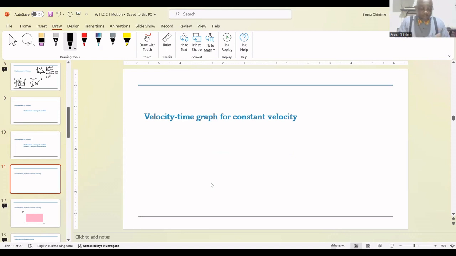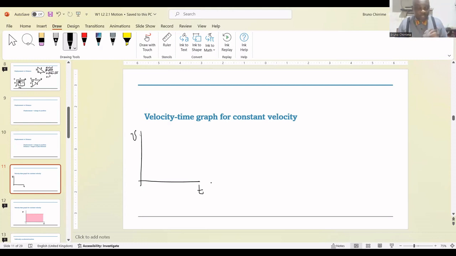Since it's a constant, and if you remember in mathematics, most of the time constants are a horizontal line, it will simply be a straight horizontal line. That will be how we display the velocity in a constant velocity VT graph.